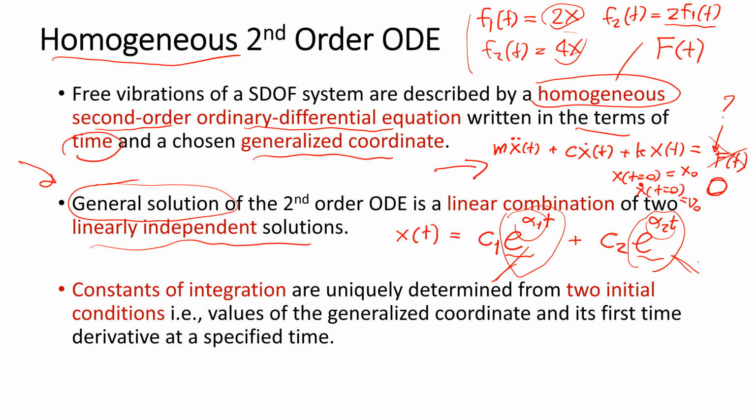So the general form of the solution to the ordinary equation of homogeneous type has exponential functions that are linearly independent, and we need to find the coefficients that multiply these two functions.